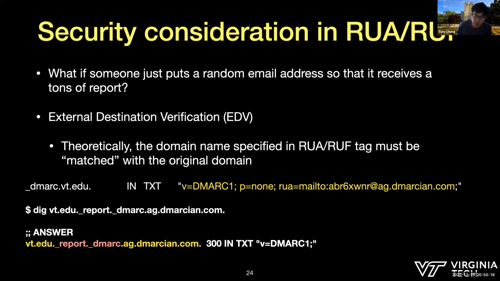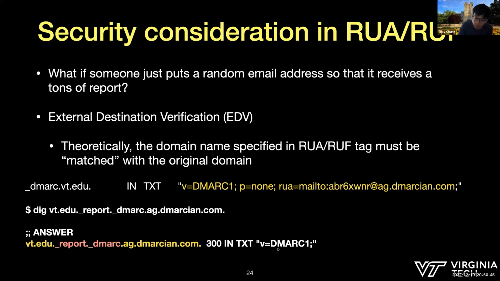So in this case, the Virginia Tech.edu servers try to forward all the reports to marxian.com. If marxian.com would be happy to receive the reports for Virginia Tech.edu, then the receiver has to check this domain name first: VT.edu, the report label in DMARC, and this domain name, right?